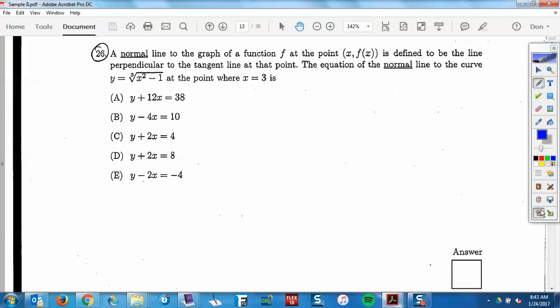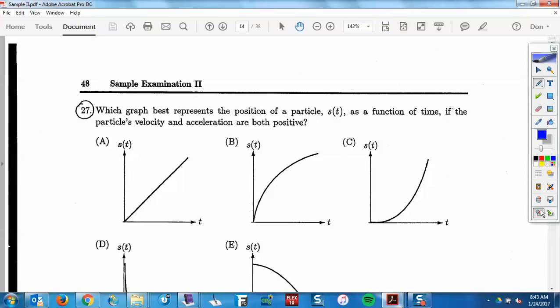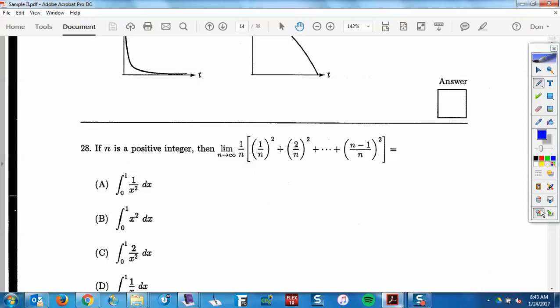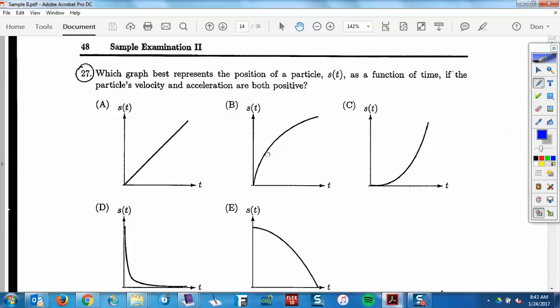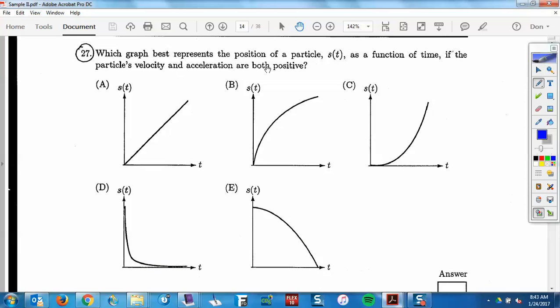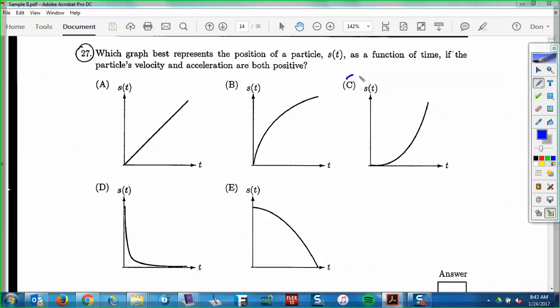Okay, what else? Okay. 27, this one right here. Which graph best represents the position if the particle's velocity and acceleration are both positive? What is it? The velocity is positive.